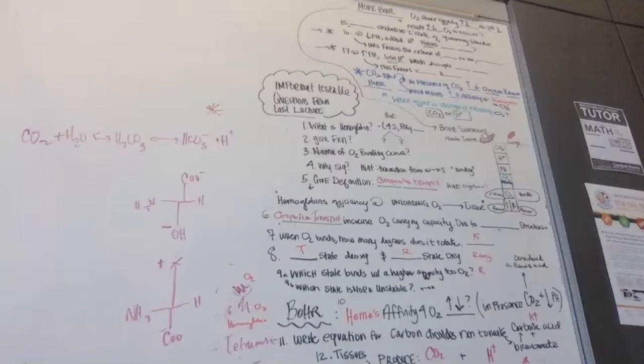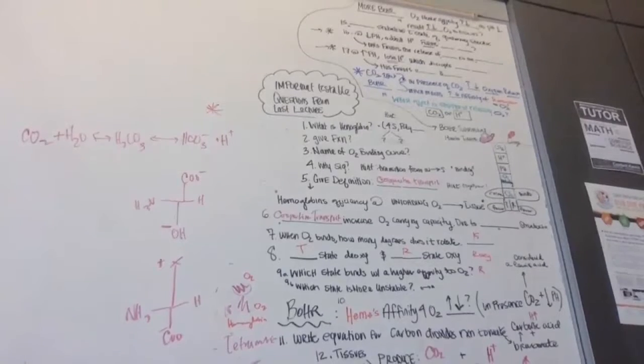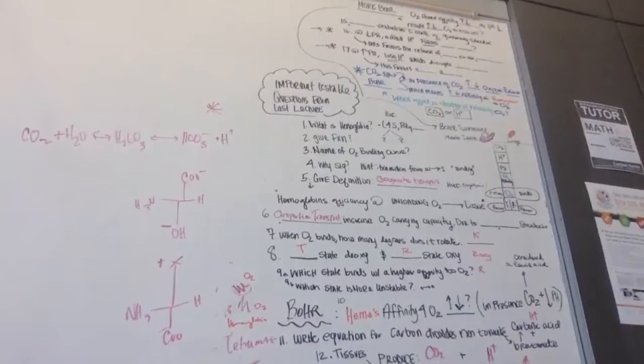You're just asking what stabilizes the T state. I should put tertiary structure in there too, but let me make sure it's correct for both tertiary and quaternary, because I don't want to give you wrong info.